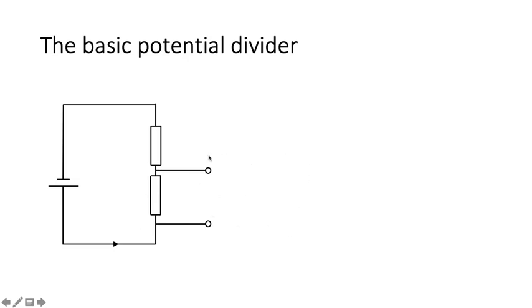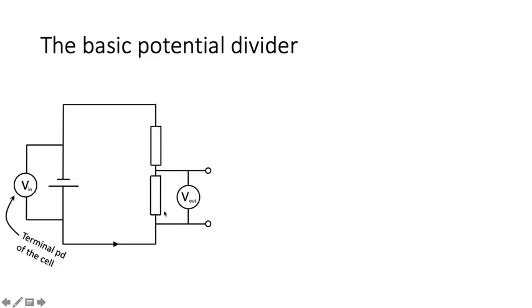So as far as the rest of the circuit that you're adding in, and we'll look at an example later, is concerned, this is a power supply with a potential difference that is going to be a proportion of the greater power supply. So if this is 12 volts, this could be anywhere between 0 and 12 volts, depending on the ratio of the two resistances.